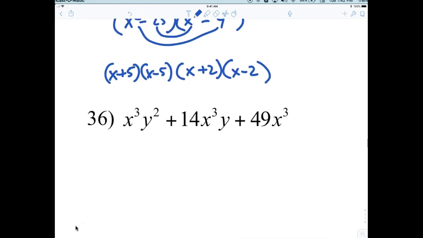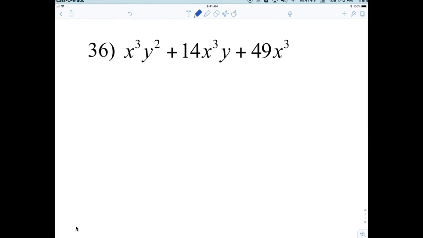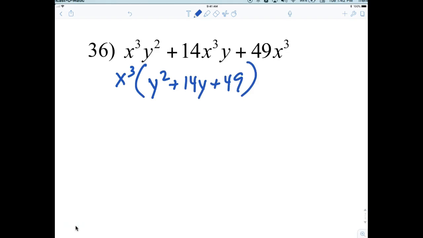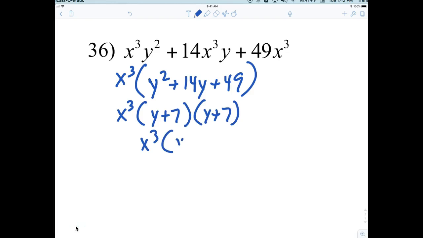Okay, so here we go with question number 36. What is common with 36? An x. Very good. X cubed. Y squared plus 14y plus 49.